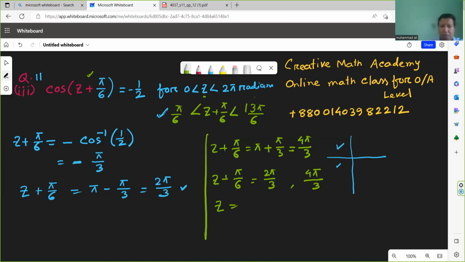So if we subtract, 2 pi by 3 minus pi by 6 and also 4 pi by 3 minus pi by 6, finally we get pi by 2 and 7 pi by 6. So this is the answer.